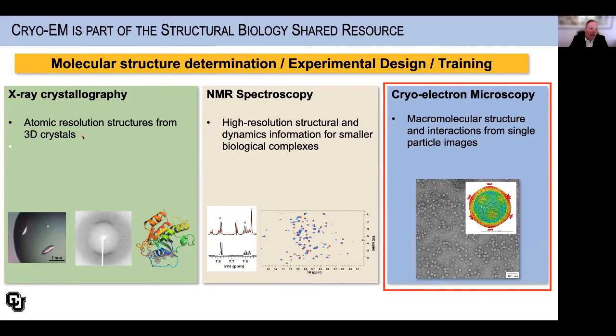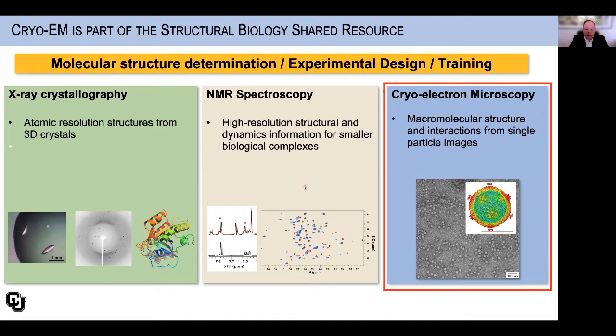X-ray crystallography is focused on high-resolution, atomic resolution structures of macromolecules. A big bottleneck for X-ray crystallography is that it requires formation of 3D crystals, which basically means generating large amounts of very pure material and running a number of crystallization screens, then solving the phase problem.